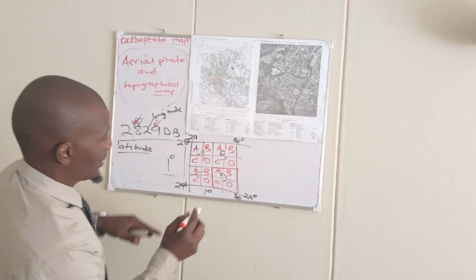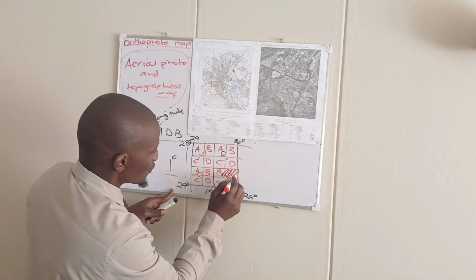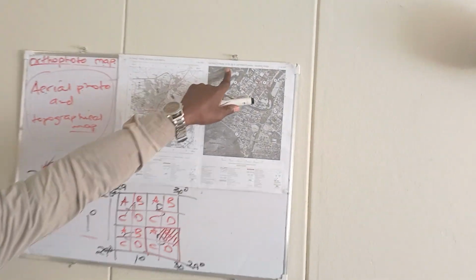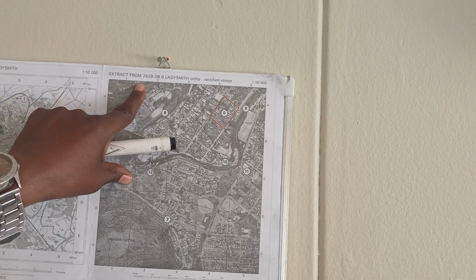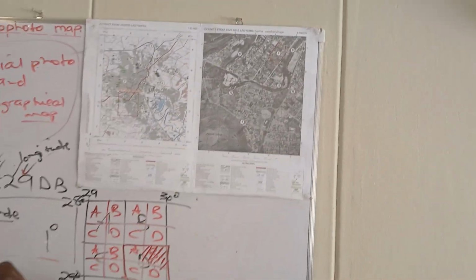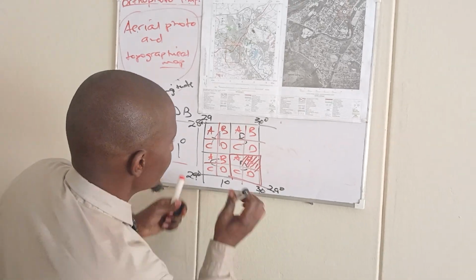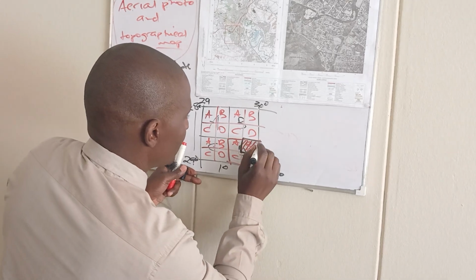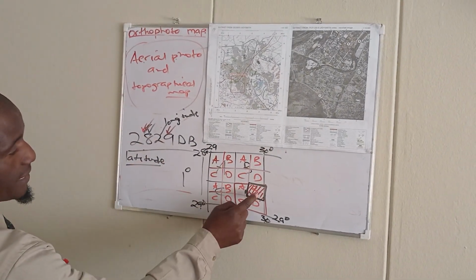Then the B is what we have here. The map that is shown here is called an extract, which means it was taken from a bigger map. So the area that we are concentrating on now, that is shown there, is this. That is your 28, 29 dB.